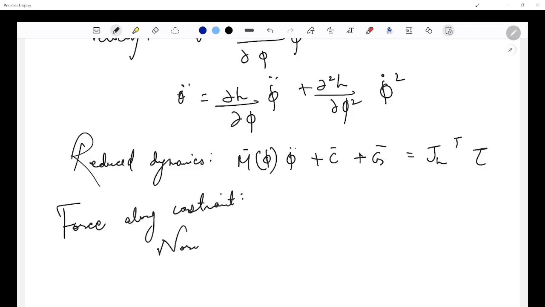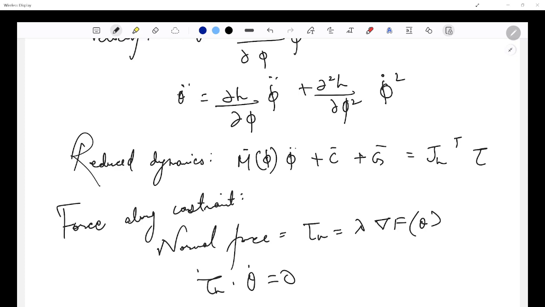Your normal force is lambda into gradient of f(theta), and we had an important result that there is no work done.